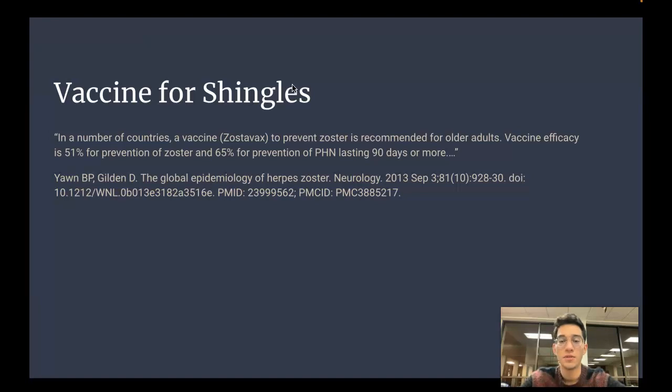It hasn't been asked for people to take it, but it would be a huge benefit for people to use this help that has been proven to be very effective, up to 50% for zoster and 65% for PHN.